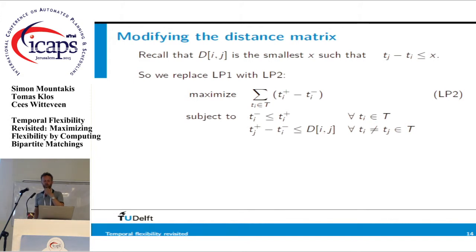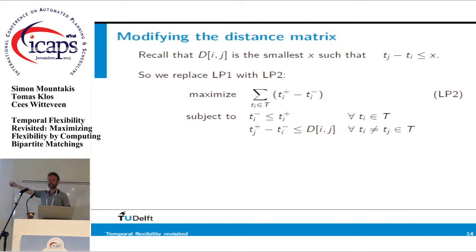Something else that we did is we made some alterations to this distance matrix. Because the distance matrix gives values that may be smaller than the C values in the original constraints in the STN, in the linear program we formulated you might as well use the distance matrix values, which we do there, and say that the difference between the upper bound of one variable and the lower bound of the other variable cannot exceed the C value.